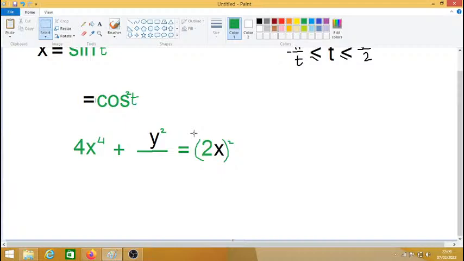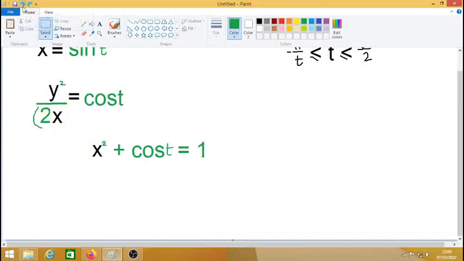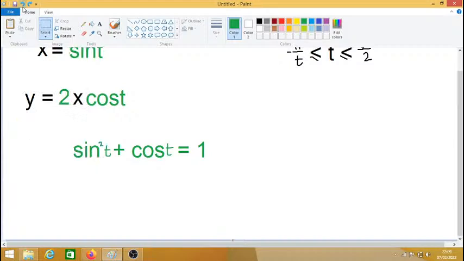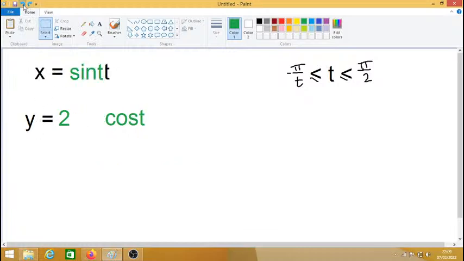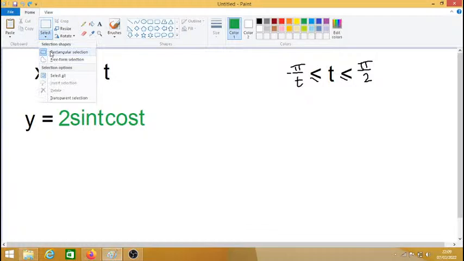Something's gone a little bit wrong on this one. Let me just see what's gone wrong. So we had the first equation, x equals sine t, and the second equation, 2 sine t cos t.